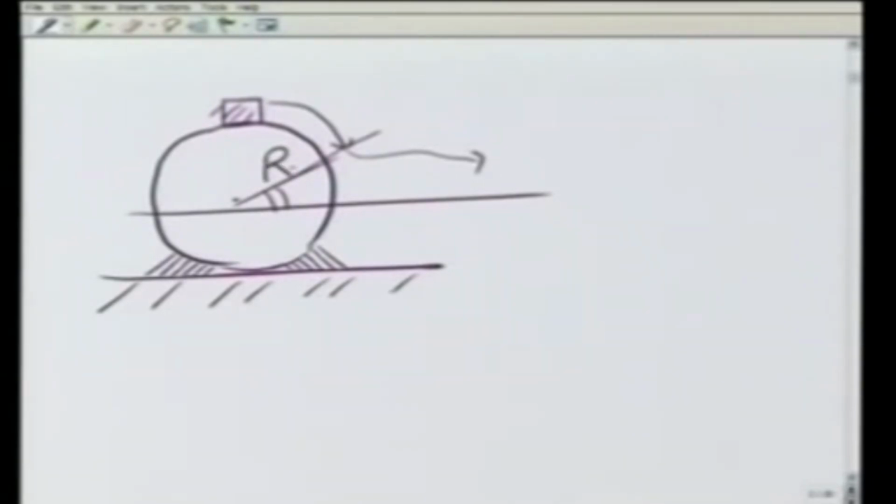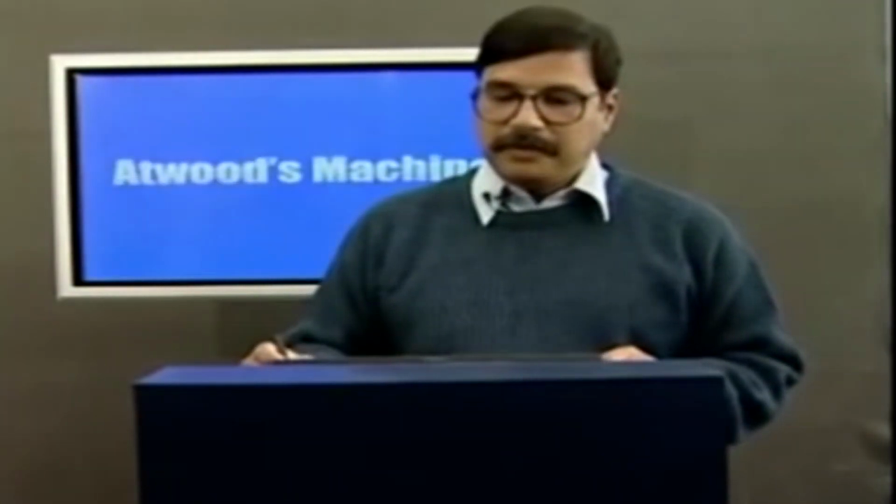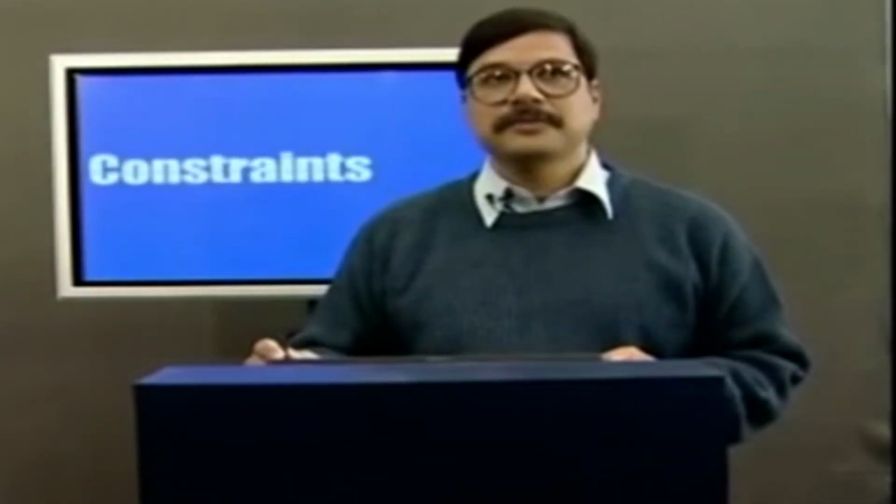I am choosing this particular problem because this will also give you some practice on using planar polar coordinates. So to start with, again we identify what the constraints and forces of constraints are.